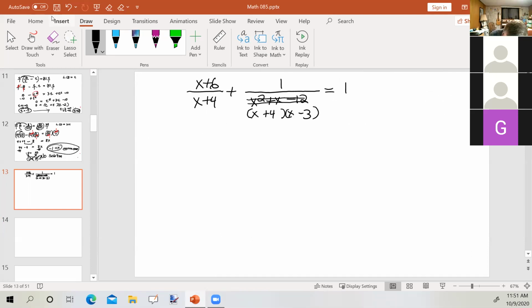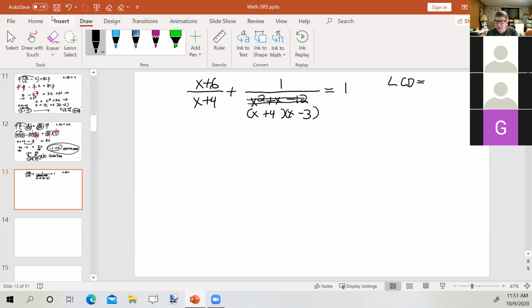So now, what is the LCD? Would it be x plus 4 and then x minus 3? Right. We don't need both of the x plus 4s.